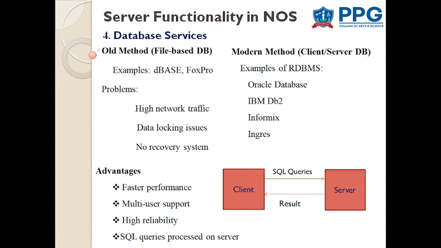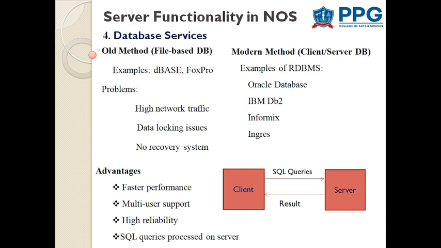Next is database services, which is a very important one. Earlier systems used file-based databases like dBase and FoxPro. These had problems such as high network traffic and poor reliability. That's why we go for a new method, that is a client-server database. The best example is an RDBMS: Oracle databases, IBM DB2, Informix.